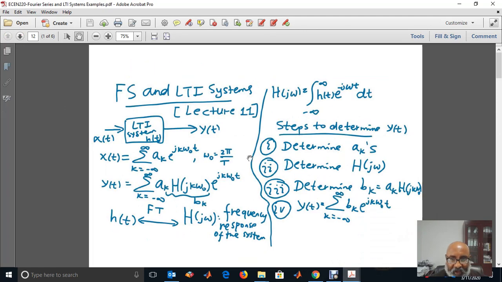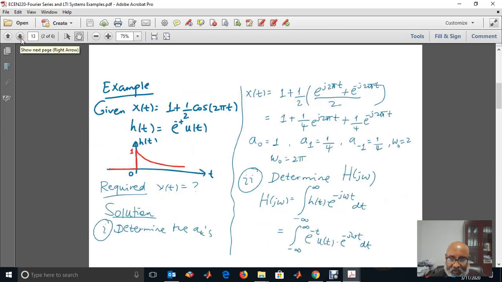Here you also have another example. The same thing as I explained: to calculate, first find the AKs, then the frequency response, then we do the summation. Here I have a simpler example, which is x of t equals 1 plus half cos 2 pi t, and h of t given by this.